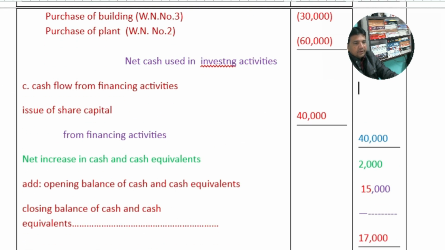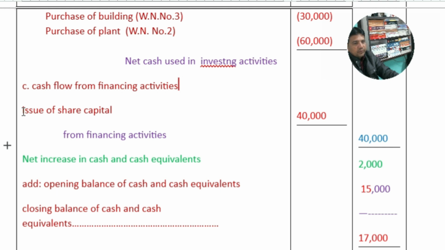Now let's see the cash flow from financing activities. So under this heading, as per the question, only one item, issue of share capital. Non-current liabilities items also appear under this heading, but in the given question, non-current liabilities items are blank. So there is no monetary value under the heading non-current liabilities.